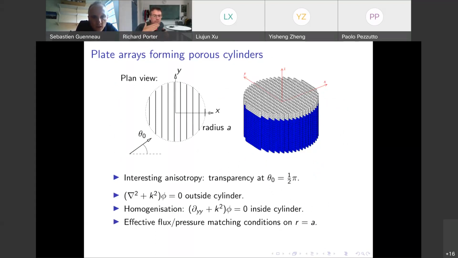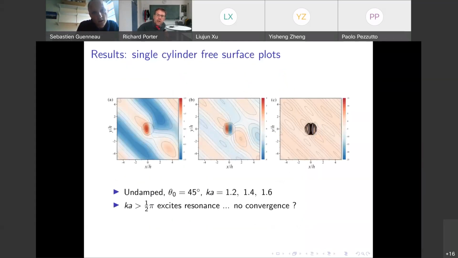I've got another question. In your model, do you have any artificial dissipation to make the model converge? I mean, does your model converge very fast, or do you need a very high truncation order to reach convergence of your solution? It depends upon the situation.